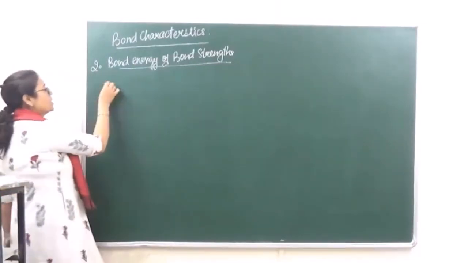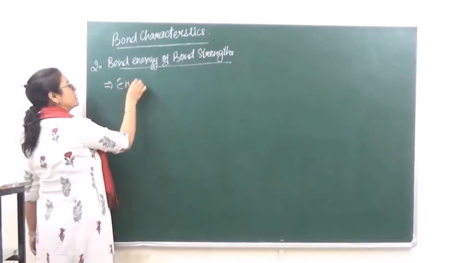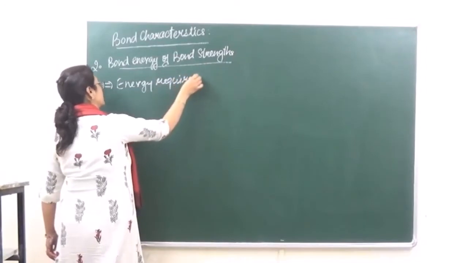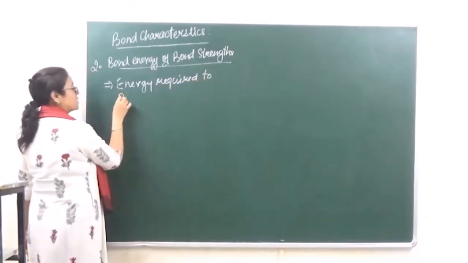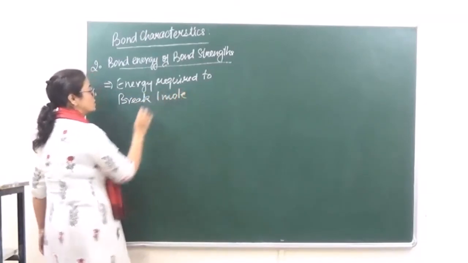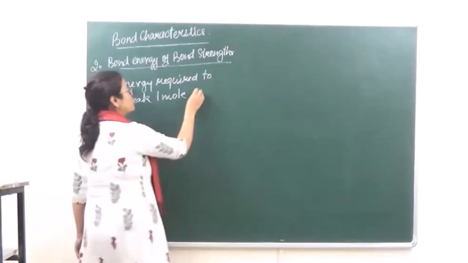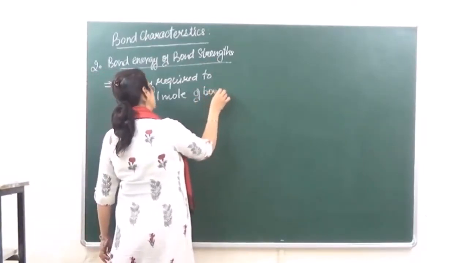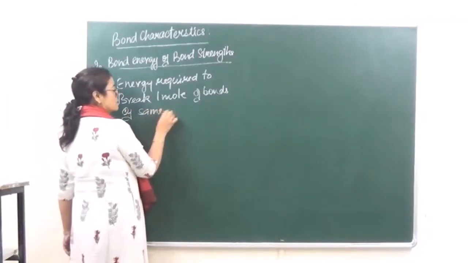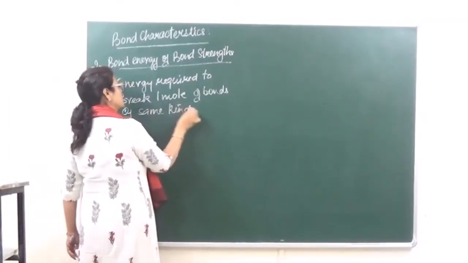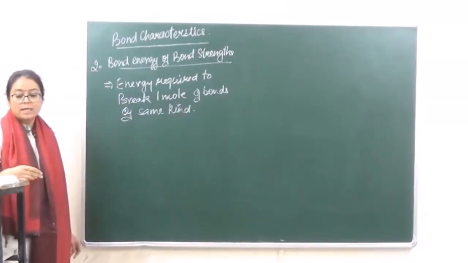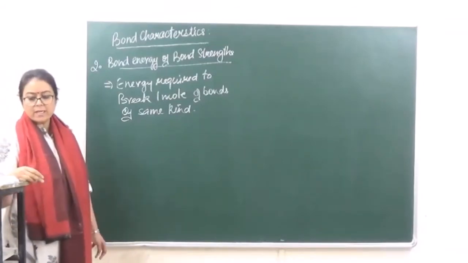It is the energy required to break 1 mole of bonds of the same kind. Okay? So this is what bond energy is. This is also known as bond dissociation energy.